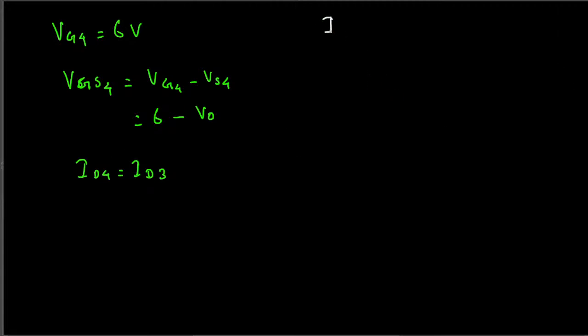And that one is helpful because if you look at the current equation, for example, if I write the ID4 current equation, you can write it like this: half Kn VOV square, and VOV is nothing but VGS minus V threshold. If you write it that way, it will be helpful because we are trying to find out the VGS value.